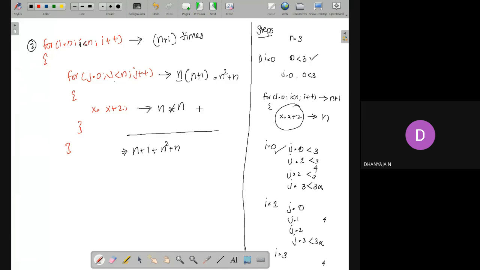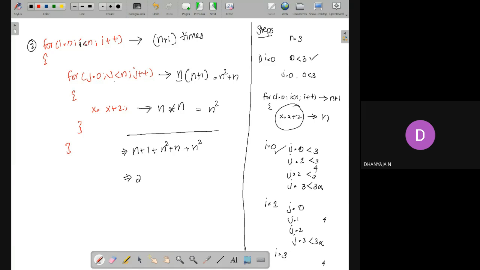What about the third statement? This is also n square, right? So I will add n square here. Okay. So that means what is the total value here? n plus 1 plus n square plus n plus n square. That means how many n square terms are there?